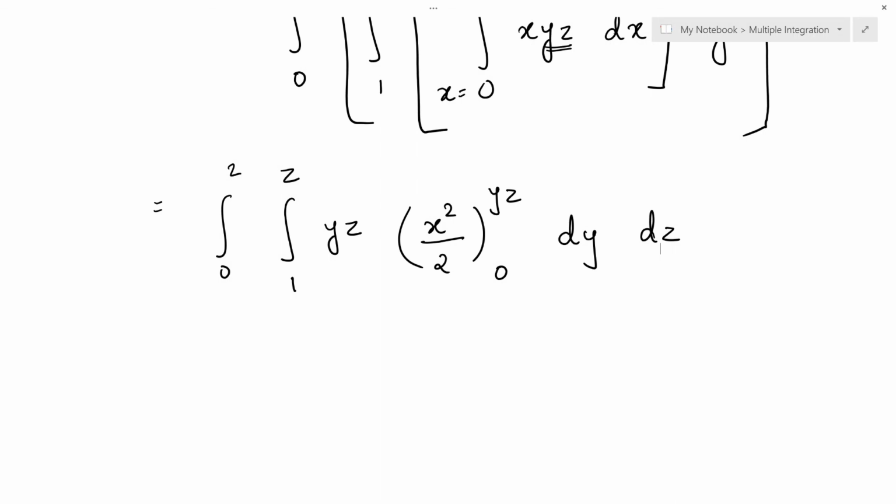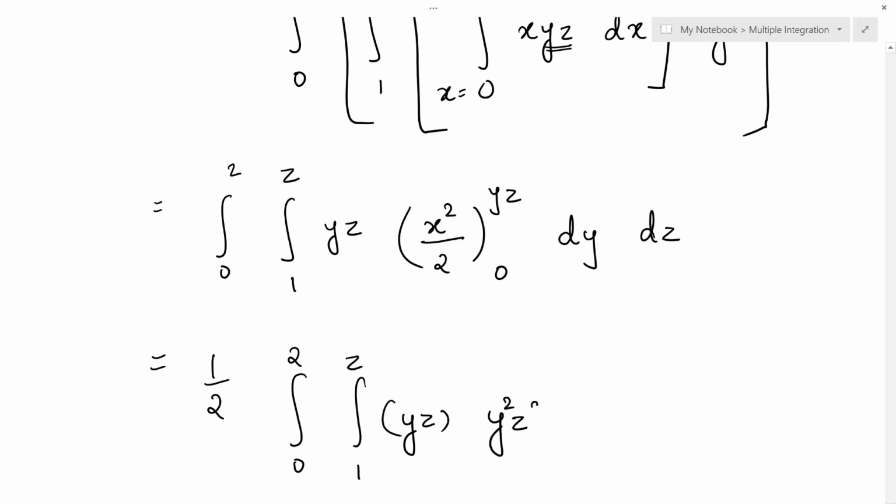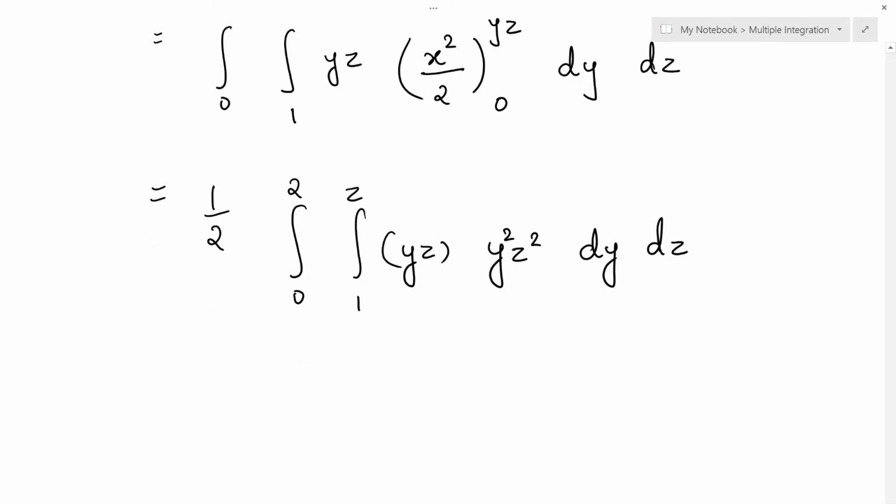Since 1 by 2 is a constant, that can be taken outside the integration. So you will have yz and yz, that will be y square z square. So yz into y square z square dy dz.